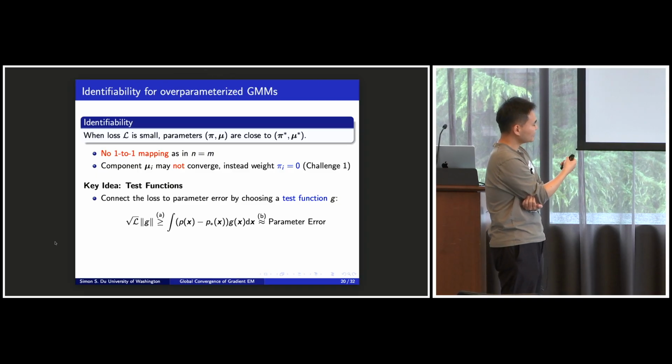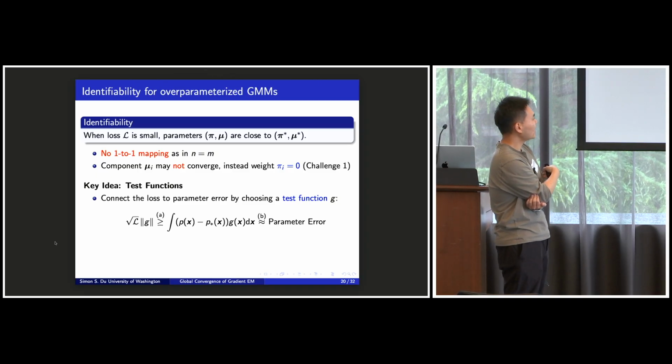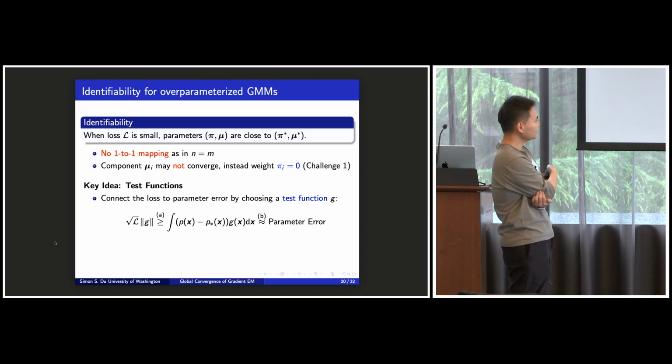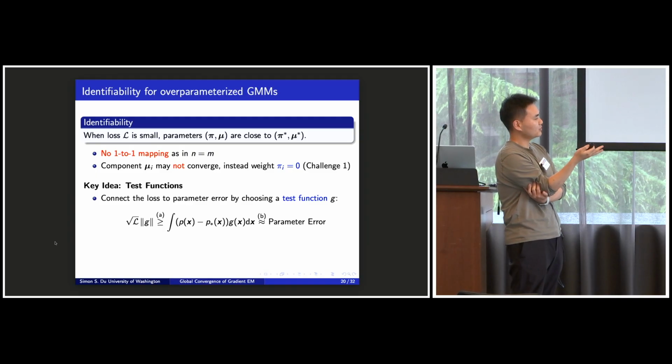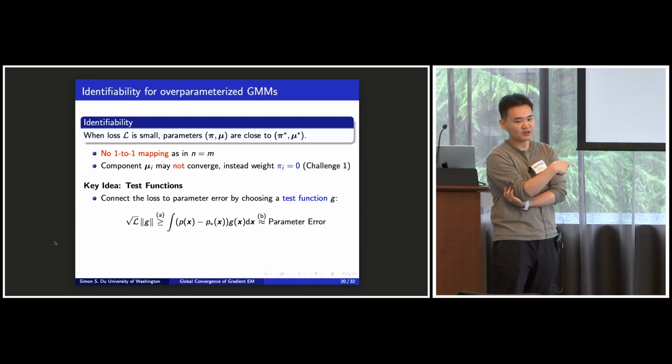So the key idea, we need some technical ideas. One is to use a test function. We need to relate this loss to the parameter error we talked about.